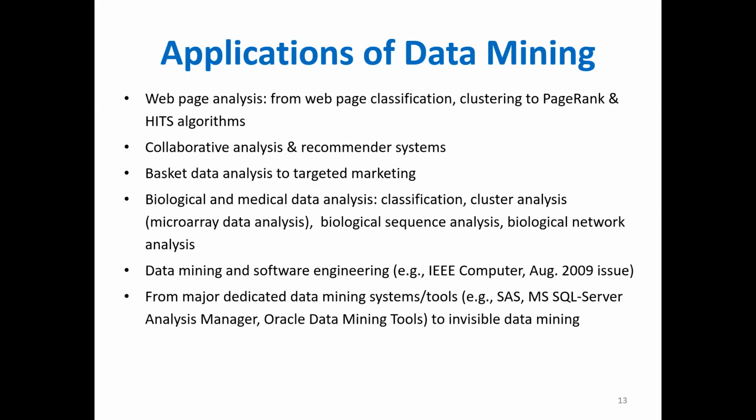If you want to target a specific group of customers, you can do target marketing on the basis of association and correlation, and this analysis is called market basket analysis. There is also biological sequence analysis, and this is also done with the help of clustering.